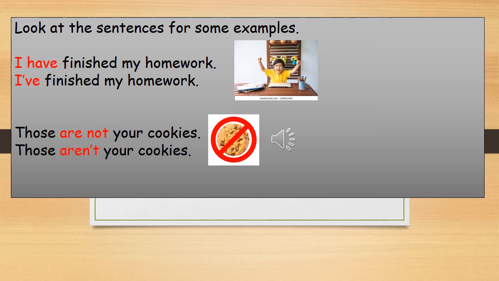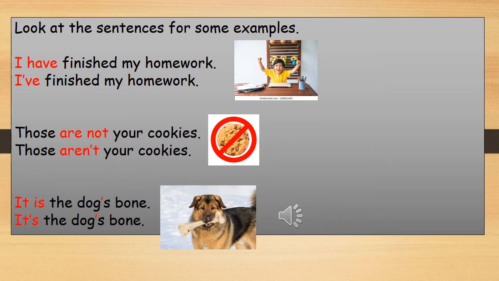Let's look at the last example. The last one is almost the same as this morning's one, and we'll have two apostrophes doing two different jobs in the same sentence. It is the dog's bone. Just like we learned in the morning, dog's bone shows us who the bone belongs to. It belongs to the dog.